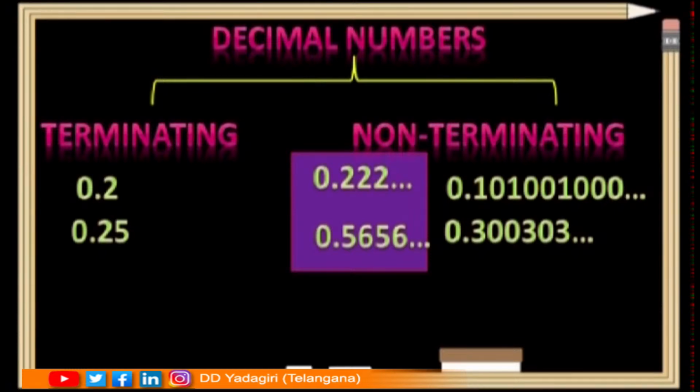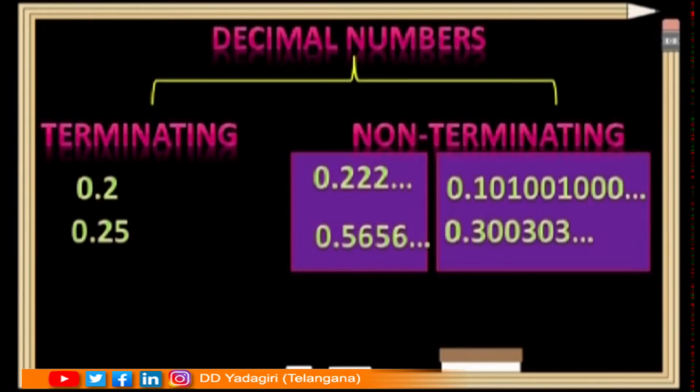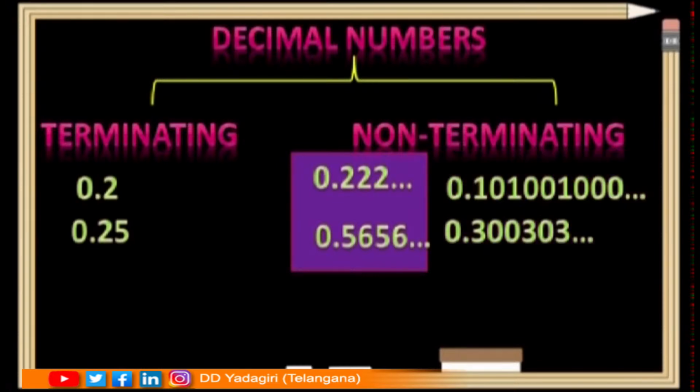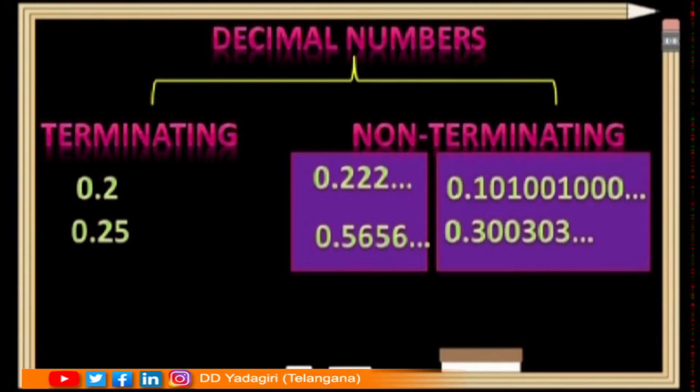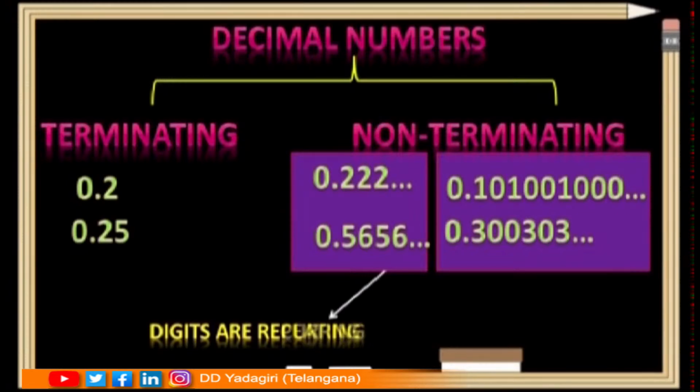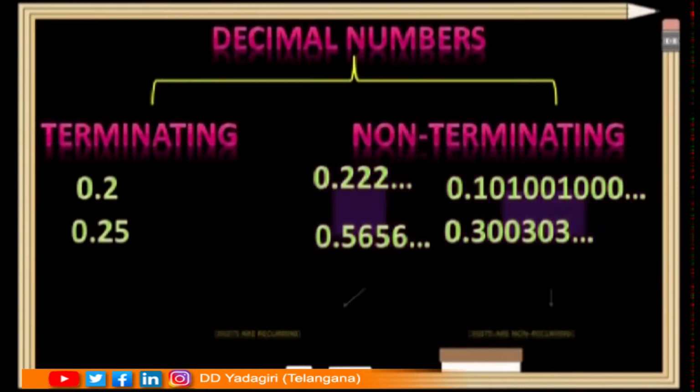And in non-terminating decimals also we can observe some differences. In the first two, 0.222 and 0.565656 and so on, the digits are repeating, and in the next two the digits are not repeating. So the first two have digits repeating or recurring, and in the next two the digits are non-recurring.